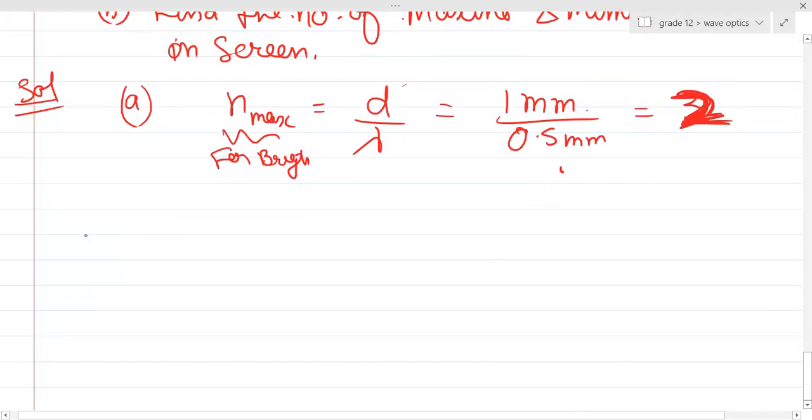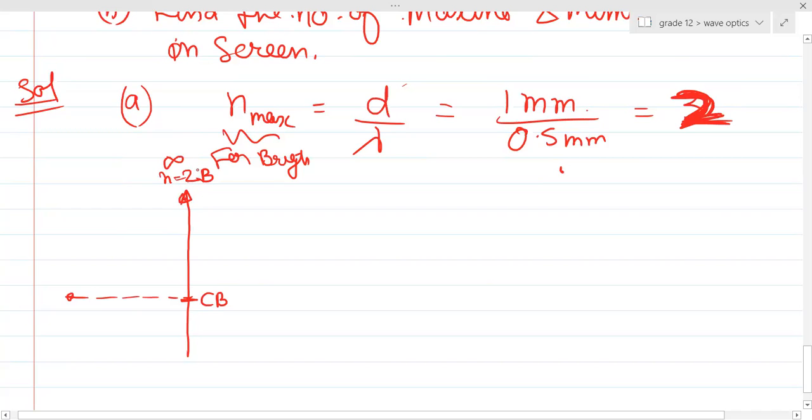If the maximum order is 2, then can I say this particular thing? Sir, the central bright will be formed over here. Since you made the wavelength big, the second bright, n equals 2, will be formed at infinity. Yes or no?